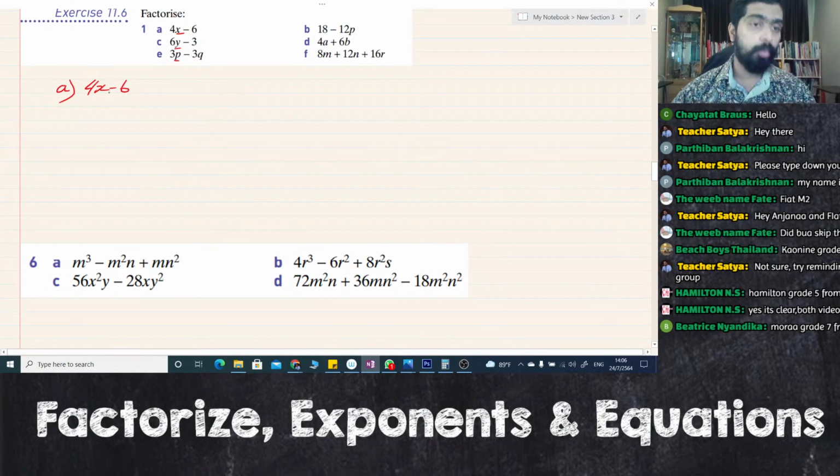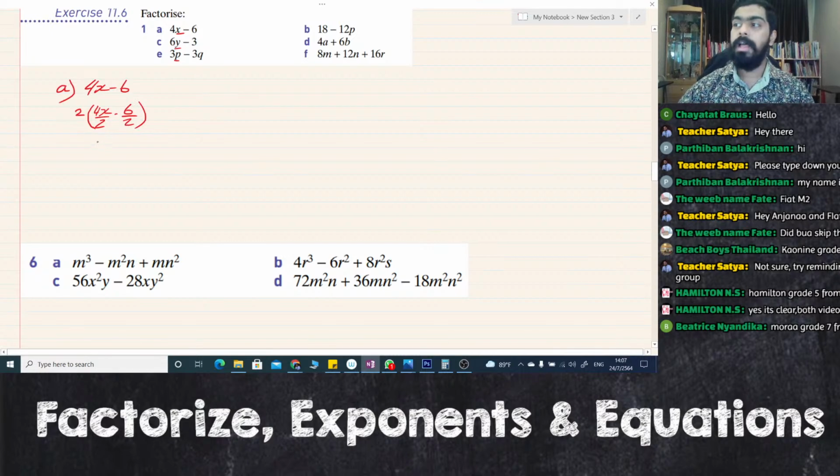So again, we are going to take the greatest common factor of each term. In this case, we are going to take 2 and keep it in front of the bracket. Now, once we take the greatest common factor and keep it in front of the bracket, we are going to divide all of the terms inside the bracket by that number. So we have 4x over 2 minus 6 over 2.